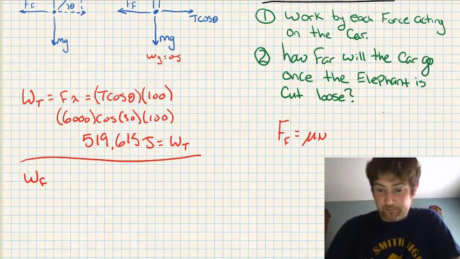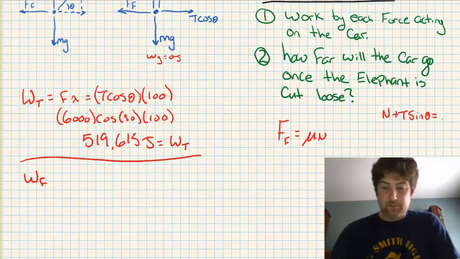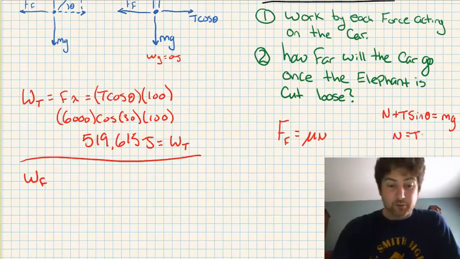So 1,905 newtons is our normal force. Now for the force of friction, we have 0.15, our coefficient, times the normal force 1,905, which gives a force of friction of 285.8. Now we go back over to work equals force times distance.